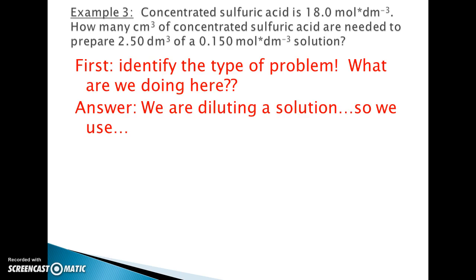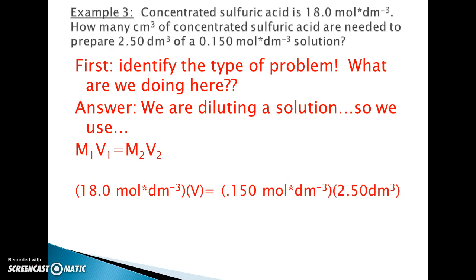Okay, so we're diluting a solution, so we're going to use M1V1 equals M2V2. Now it's really important here that you keep things on the right side of the equation, right? We know that the concentrated solution has a molarity of 18, and we want to know its volume, so that's our variable.